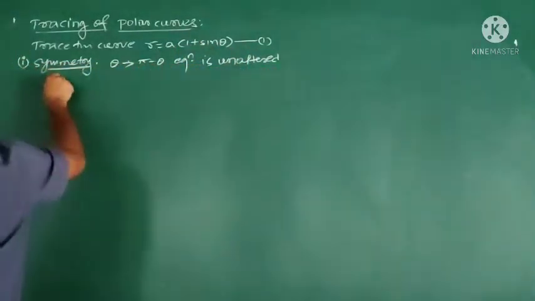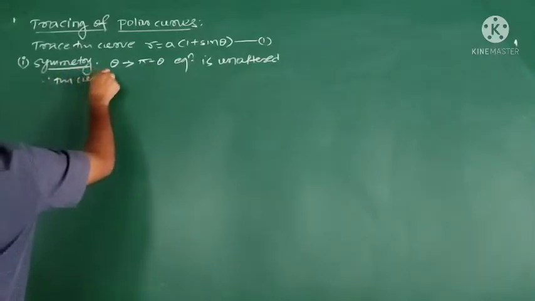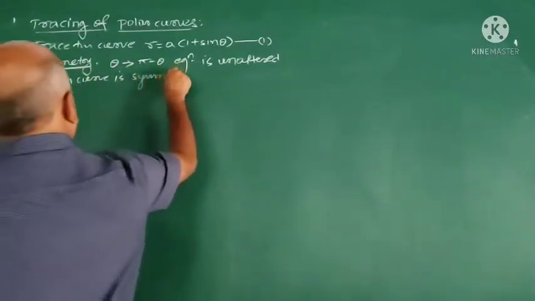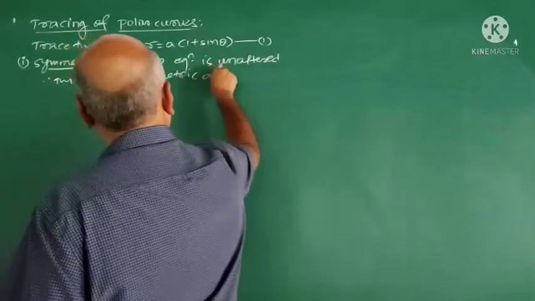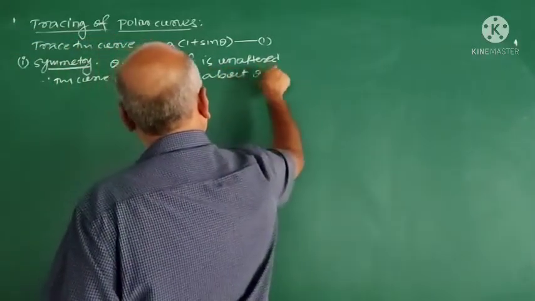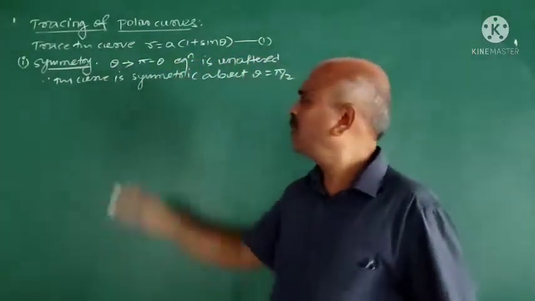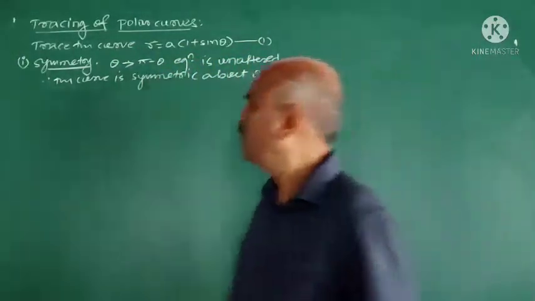Therefore, the curve is symmetric about theta is equal to pi by 2. This line, you know what this line is? Theta is pi by 2. This is the first thing about symmetry.